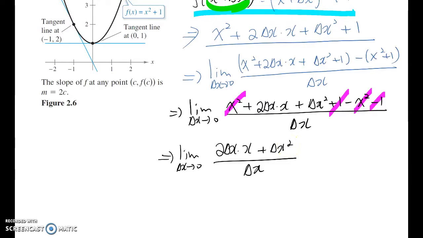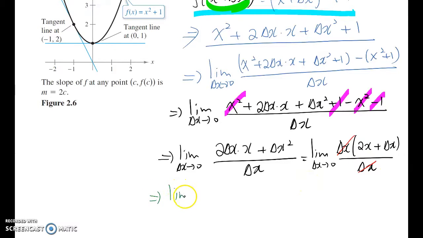As you see, this one we can factor by delta x. So the limit as delta x moves to 0 of delta x times (2x plus delta x) over delta x. Therefore, we can cancel delta x here. Then it's going to be the limit as delta x moves to 0 of 2x plus delta x.